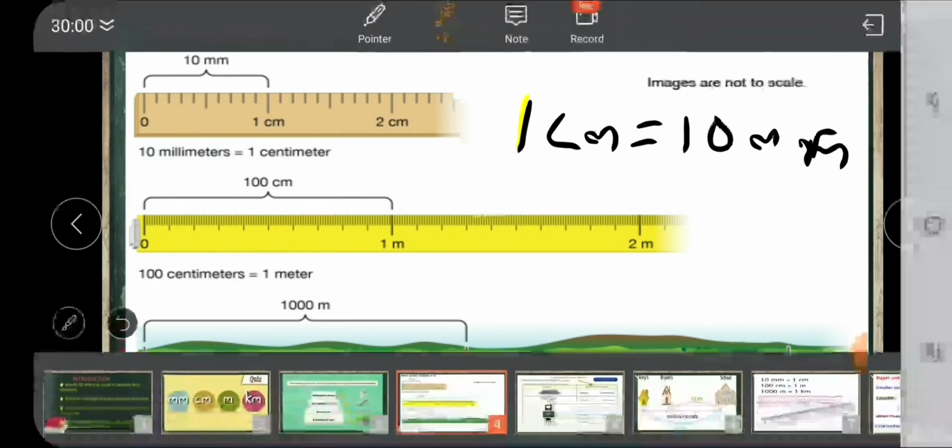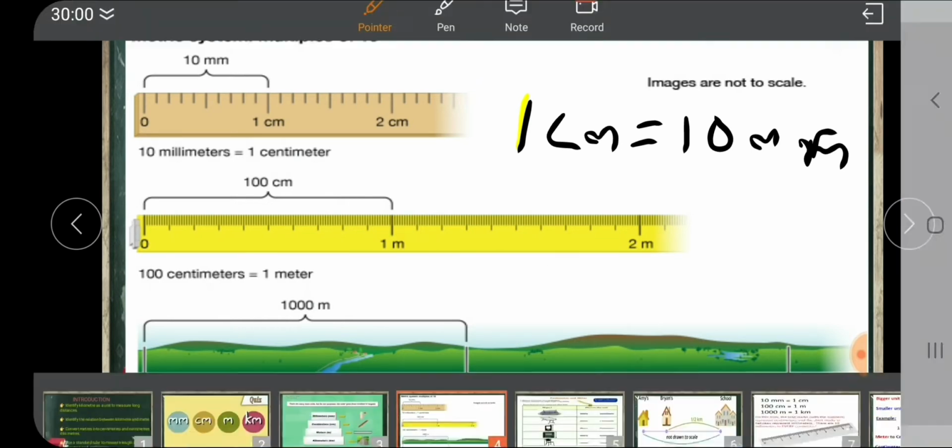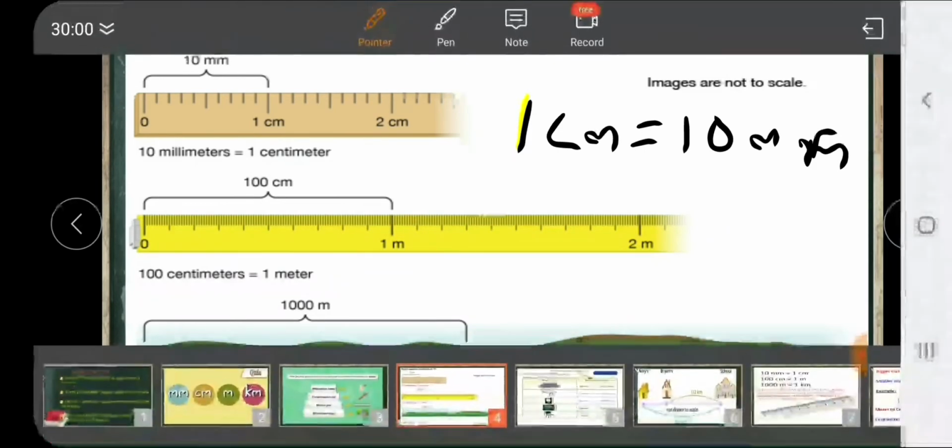And in the case of the next scale, this 0, 1, 2 shows meter, and there are 100 centimeter in between 0 and 1. So we can say 1 meter is equal to 100 centimeter.